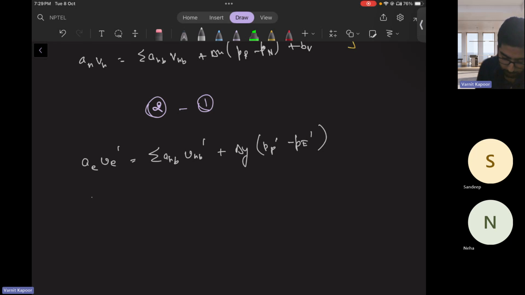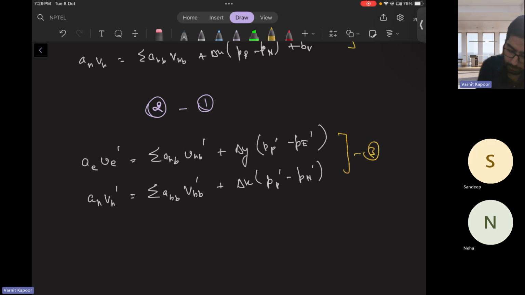The rest of the B terms will go to 0. Similarly, AN VN dash equal to summation of ANB VNB dash plus delta X times (PP dash minus PN dash). Okay, these are the equations in which the corrected terms are included.